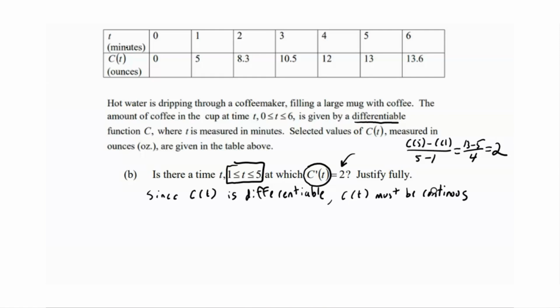So that means that we can write an argument for MVT here.